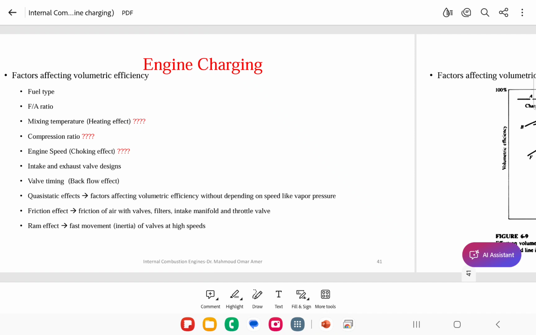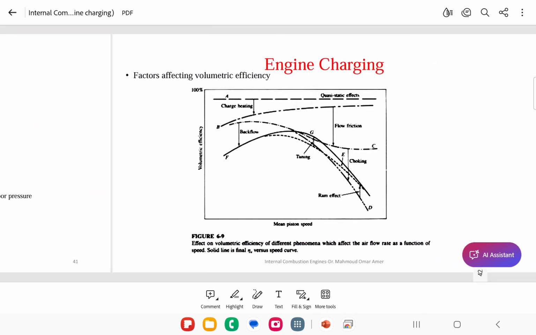If the engine is running at very high speed, the valves open and close very fast. When the valve is pushed back by the spring at very high speed, it disturbs the remaining entering flow of the air. So it reduces the charging efficiency.